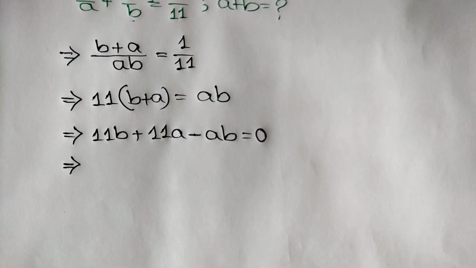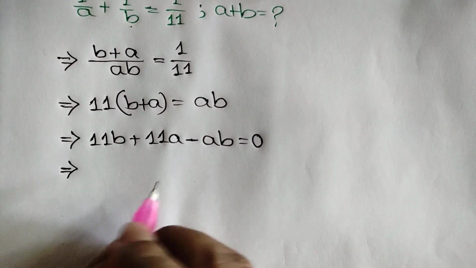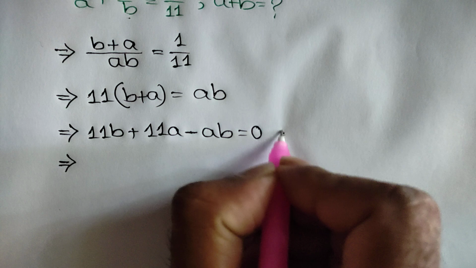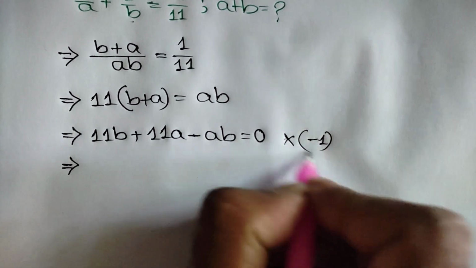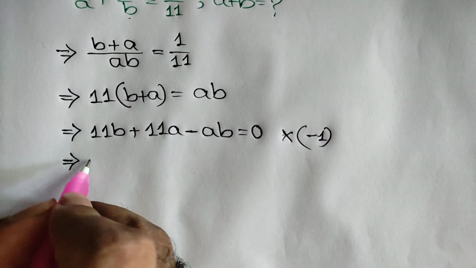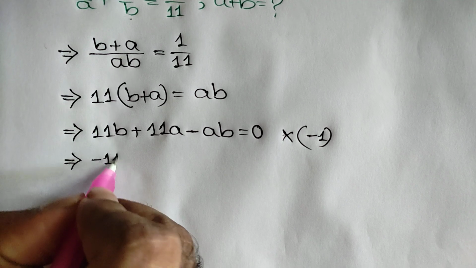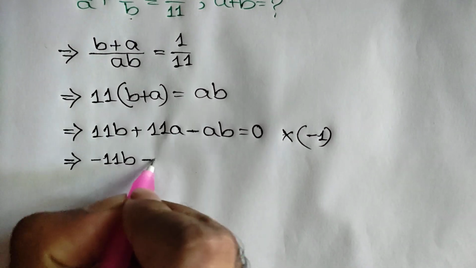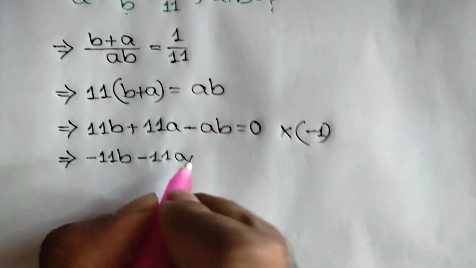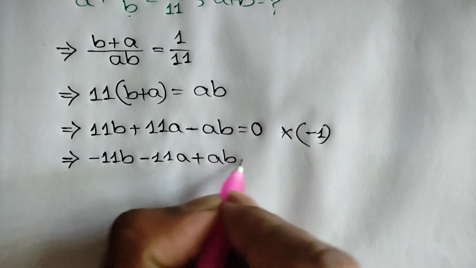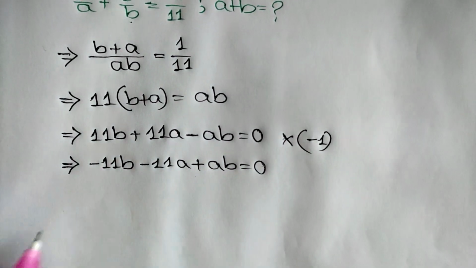Now multiplying both sides by negative 1 we will get negative 11b negative 11a plus ab is equal to 0.